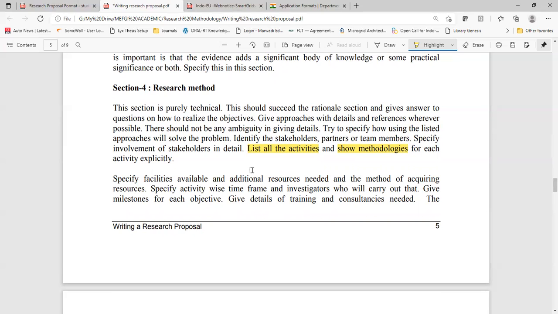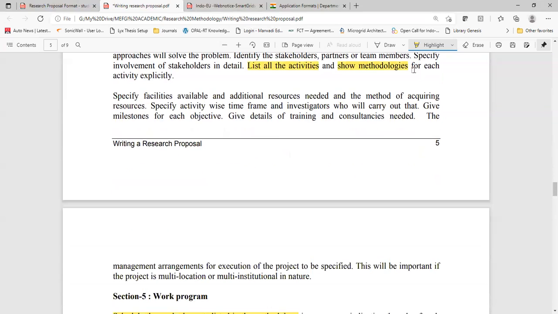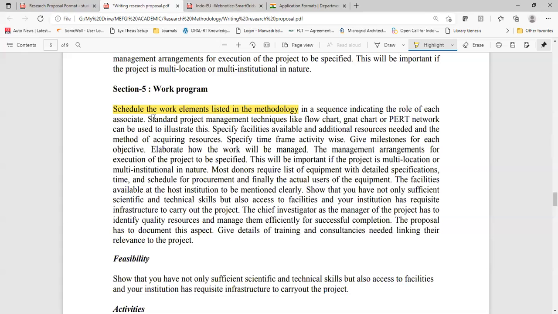So all these things should be mentioned in the work program. When will you do it? Will you do them in the first year? Are you going to do it in 1.5 years, or in 2 years? So that should be clearly mentioned.